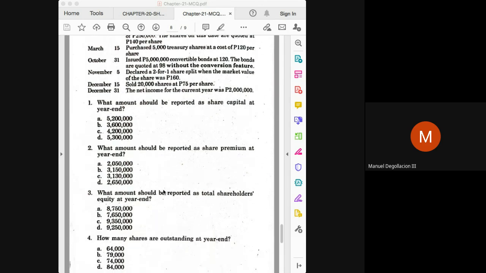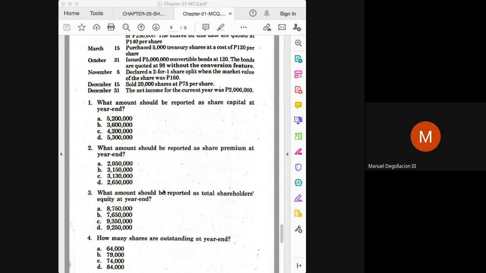Now, what amount should be reported as total shareholders' equity? So we have our share capital at 4,200,000. We have our share premium at 3,150,000. Then do not forget your retained earnings. Your retained earnings is 2 million. And then always remember, do not forget to deduct your treasury shares.